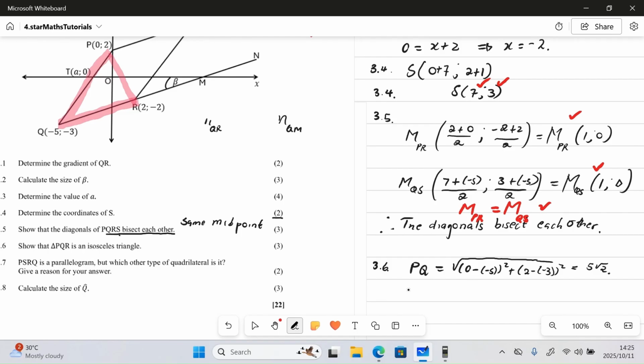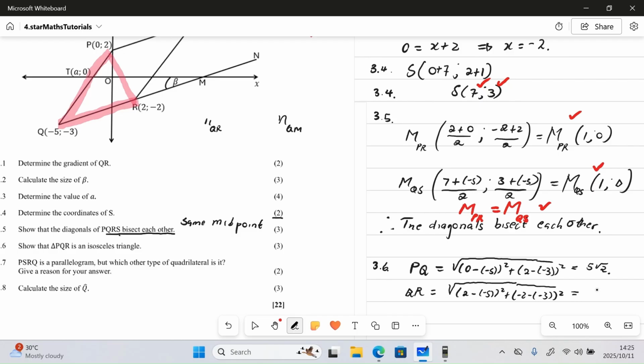Then what about the length of QR? Same thing. Identify the coordinates of QR. x at R 2 minus minus 5, squared, plus minus 2 minus minus 3.